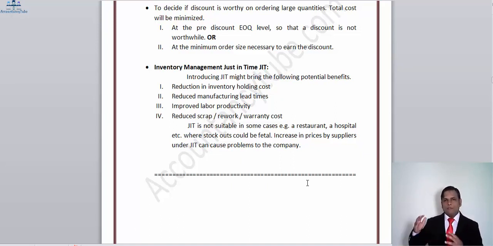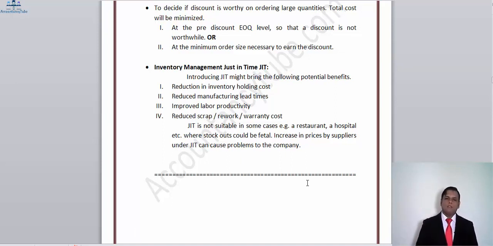Now, instead of keeping stocks of raw material in its own premises, it gets a contract from its supplier that they will supply our business whenever they receive a call from us, and this is the average time in which they will deliver the goods to us. So this is how just-in-time inventory management works.